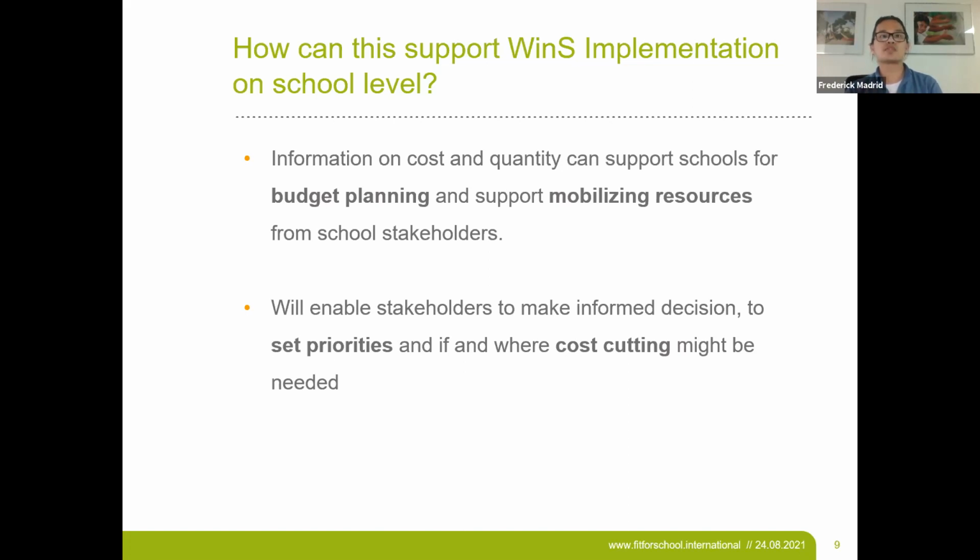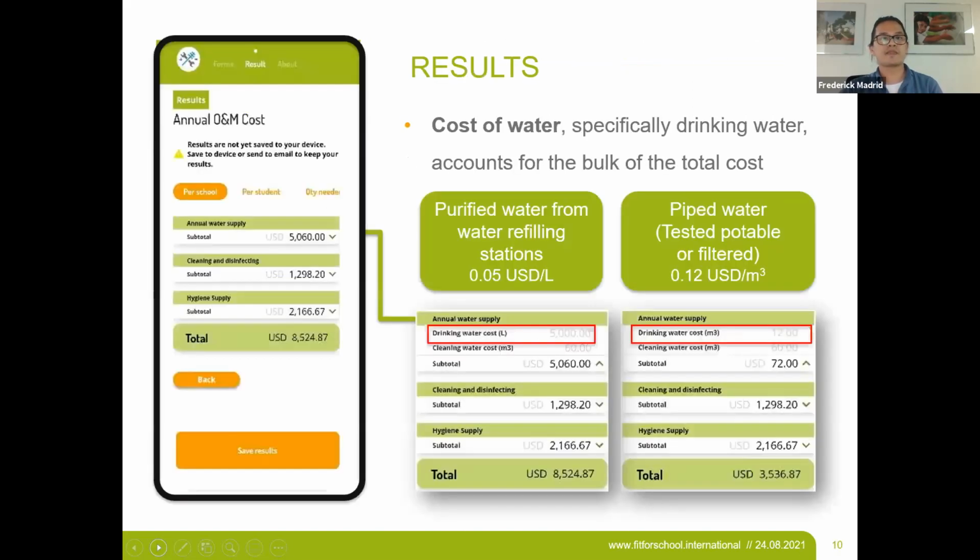In this way, school stakeholders can also make informed decisions based on what they can commit to the school, and also set priorities. Another aspect where the app can support schools is that the app can provide information on possible cost-cutting strategies where needed, by identifying the cost drivers of WINS O&M. To cite an example at this point, let's use an imaginary school for our next slide. Next slide, please.